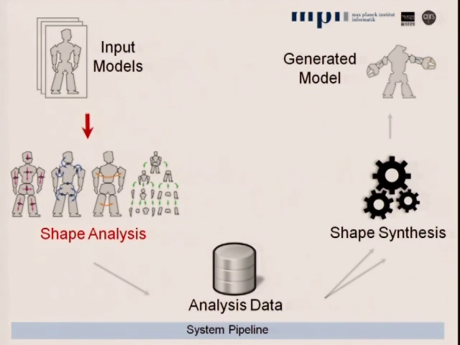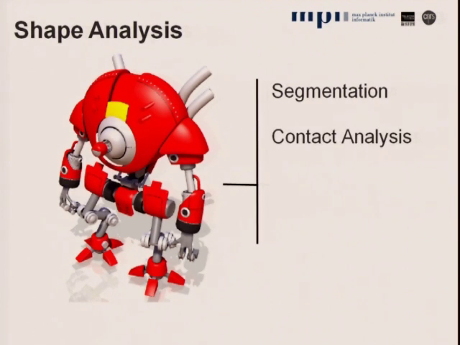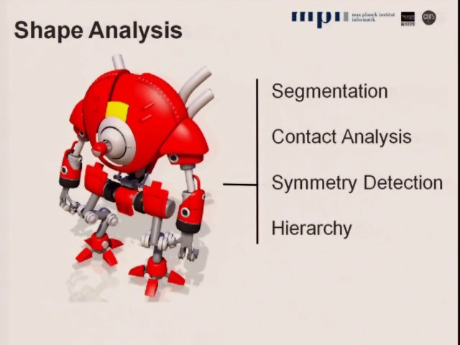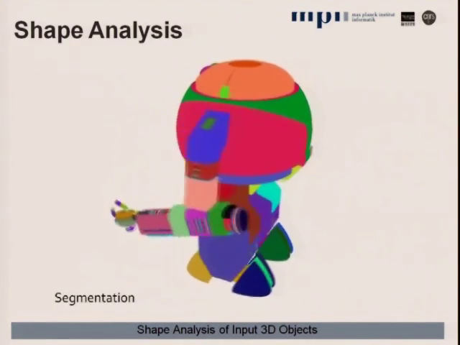Okay, so I first want to talk about the shape analysis part of this pipeline. It has several steps. First is segmentation, then there's contact analysis, symmetry detection, and hierarchy. In this video, you see a fast forward of these steps.